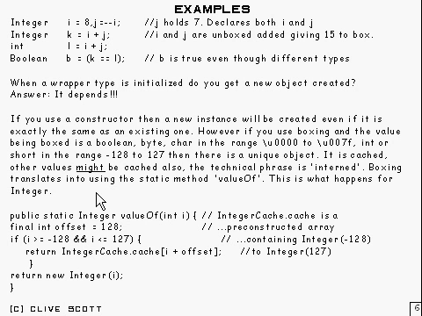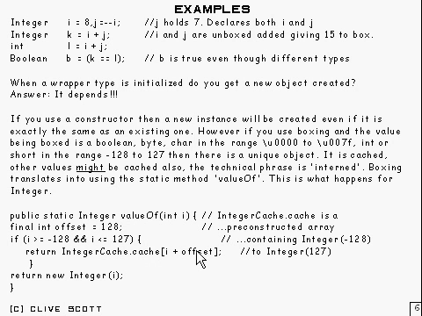Now, what happens for Integer, for instance, and it's pretty much the same for the others as well, is this. When you call Integer.valueOf(int), if the int lies between -128 and 127, then it returns a value from this cache. During static initialization of the class, this cache is created.